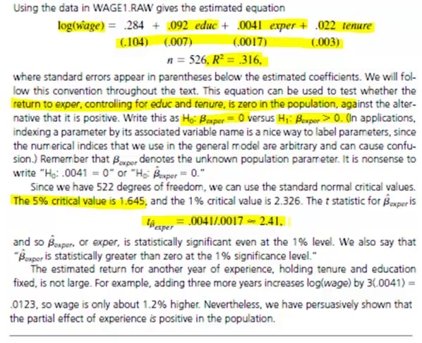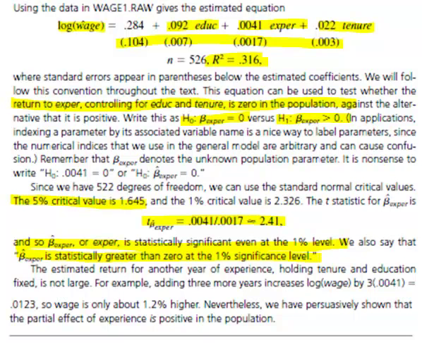Again, as I mentioned, for a one tail it's 1.64, for a two tail it's 1.96, and in both cases 2.41 is greater than these numbers. So you can say that yes, experience is statistically significant at the 1% level, and that experience is greater than 0 at the 1% level.